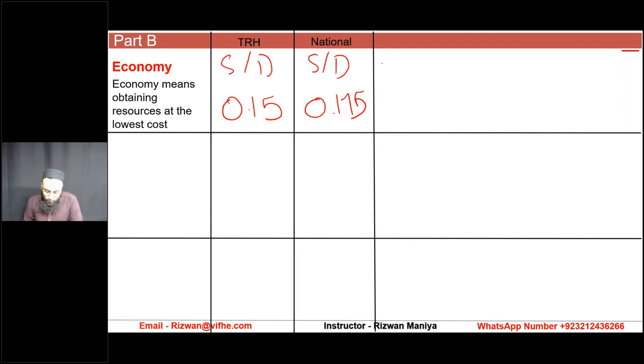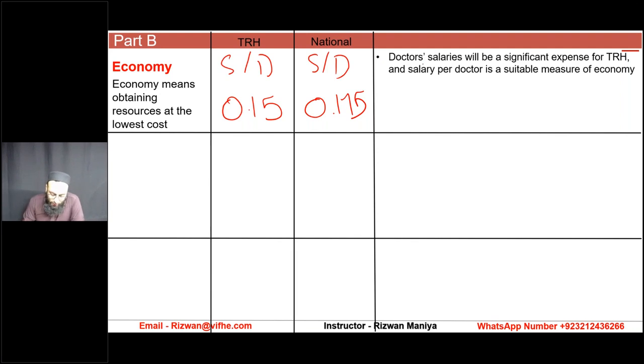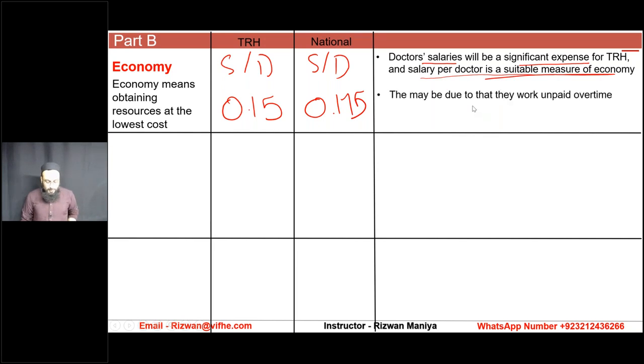Why did we choose this one? Doctor salaries will be a significant expense. So salary per doctor is a suitable measure of economy because this is a significant expense. We have to justify why we are using this. Done. Justification. Is this a good measure?